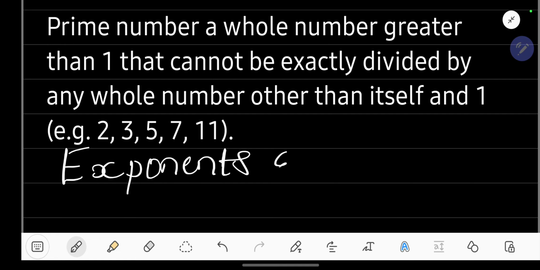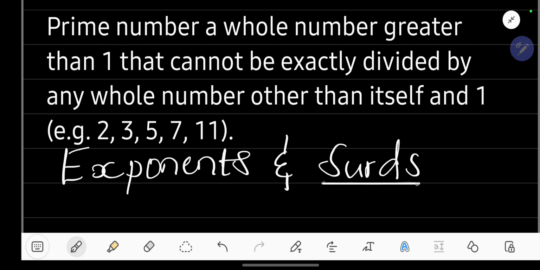I know that this word is new to your vocabulary, guys, but you know exponents, right? You know the powers, you know what the base is, you have done them in grade 10. So sets, we'll talk about it later.